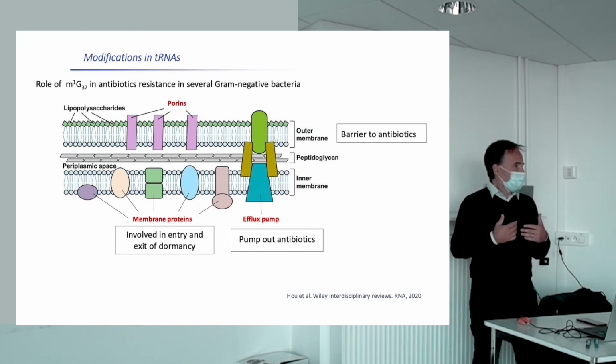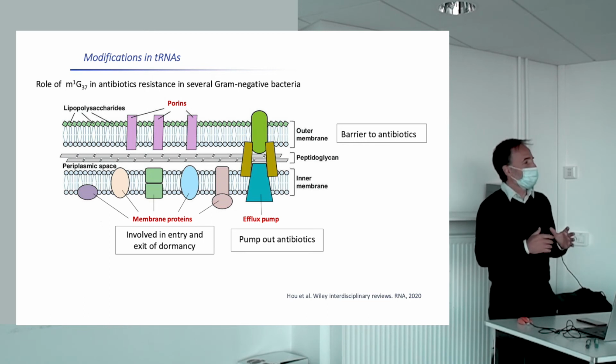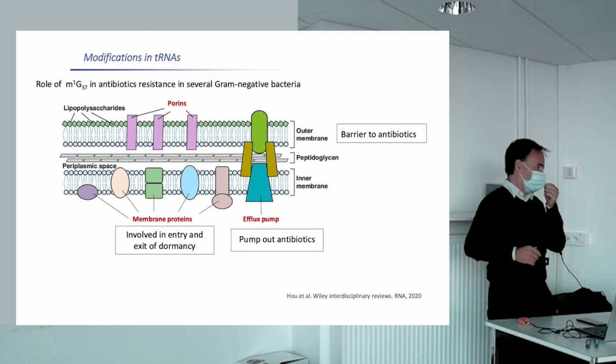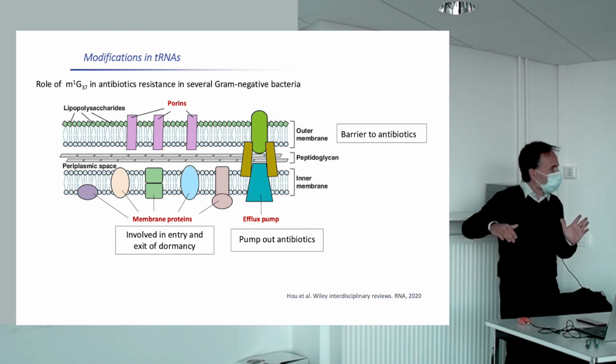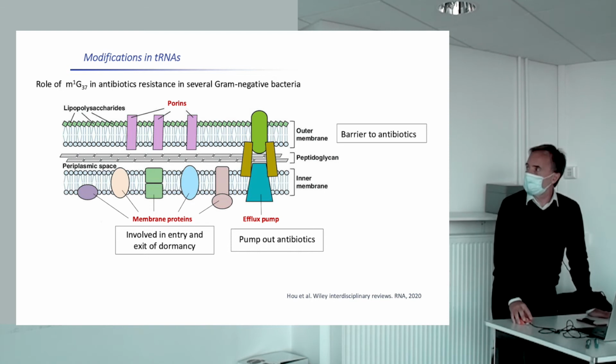So there are efflux pumps on the membrane that pump the antibiotic out of the cell. So you don't have the effect of the antibiotic because you remove it from the cell. Thanks to these proteins that are in the membrane of gram-negative bacteria.